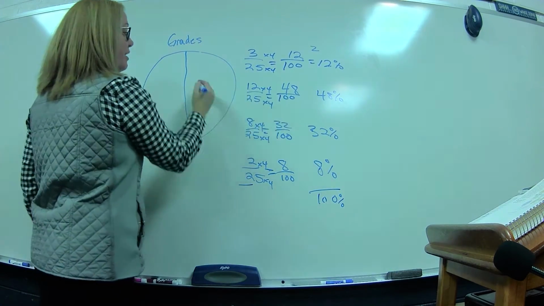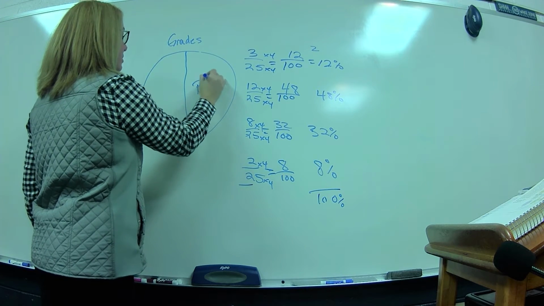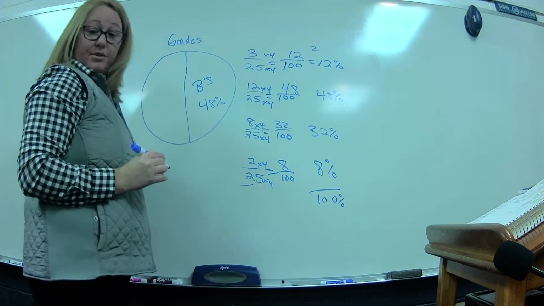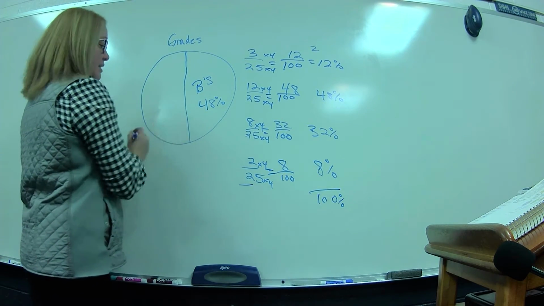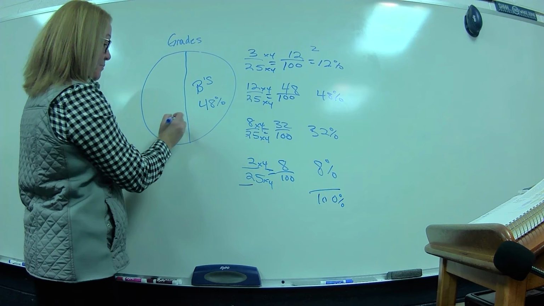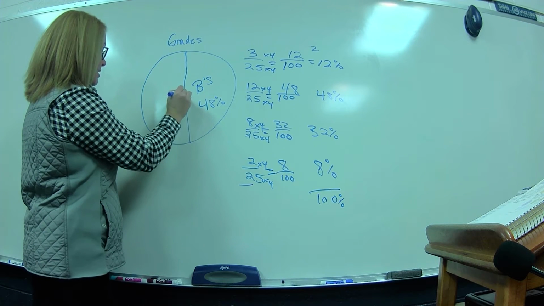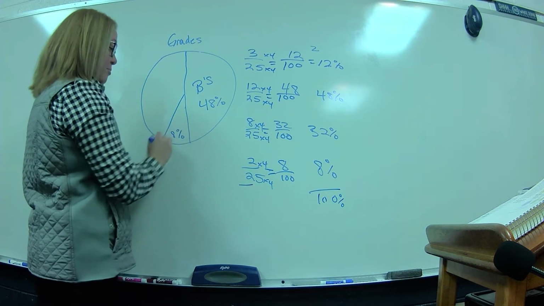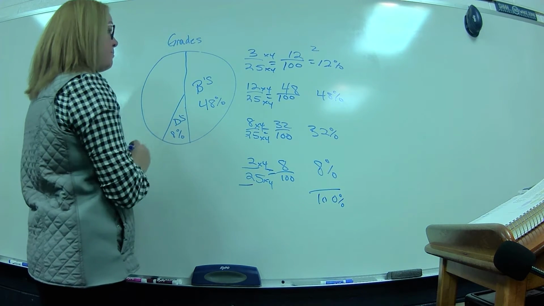All right, so this was the B's, so we would label it B's, and we will label it 48%. All right, let's see, so 8% is probably going to be something like this. So 8% was our D's.